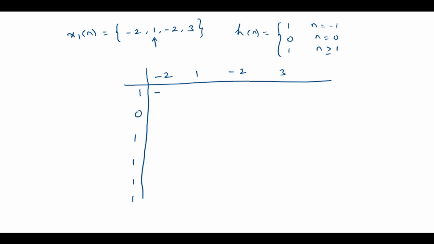Now see, -2 1 -2 3, these are the zeros. Next, -2 1 -2 3 repeats, and so on.